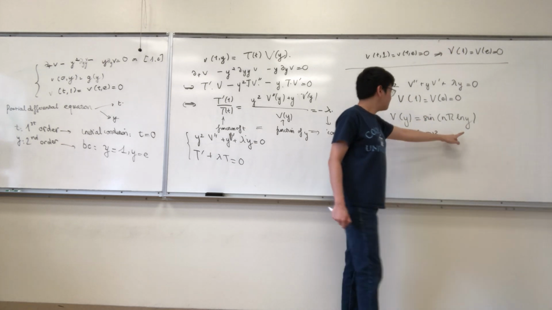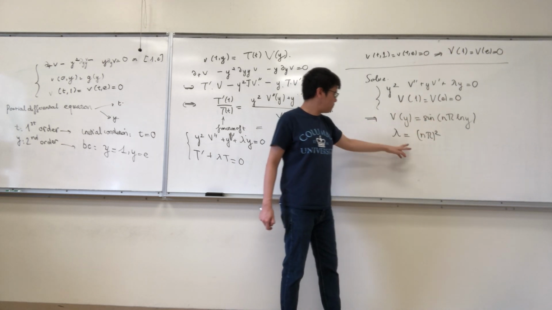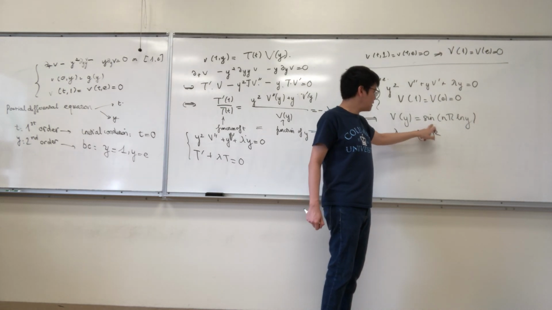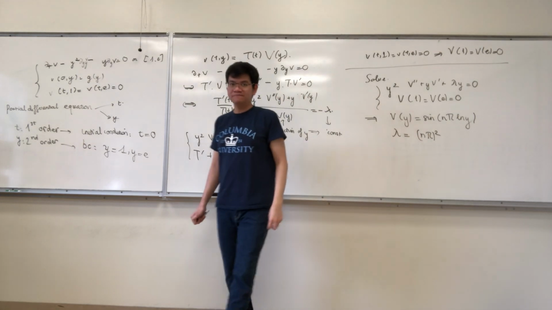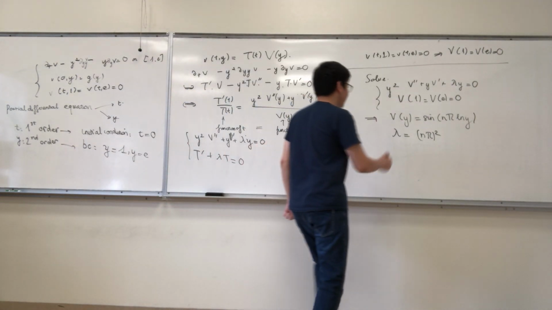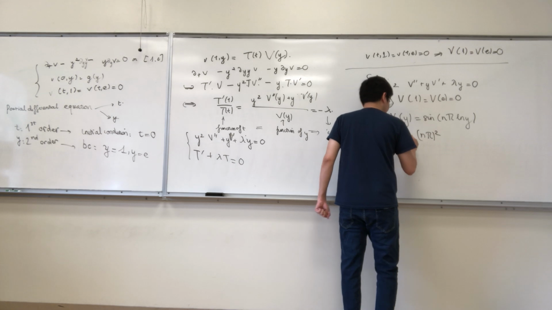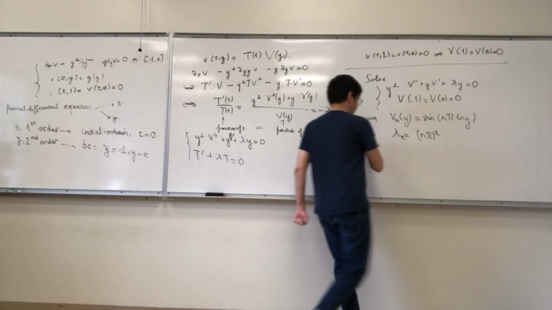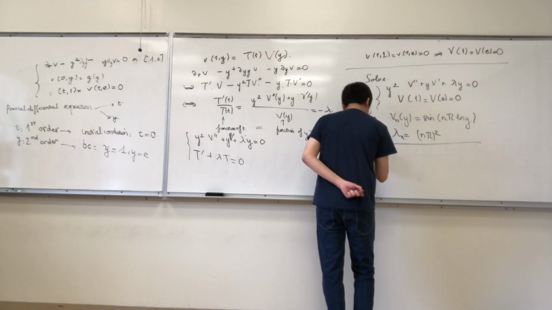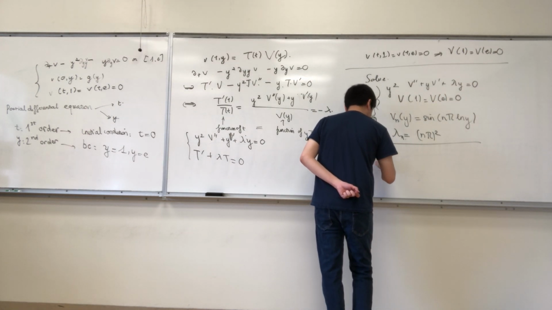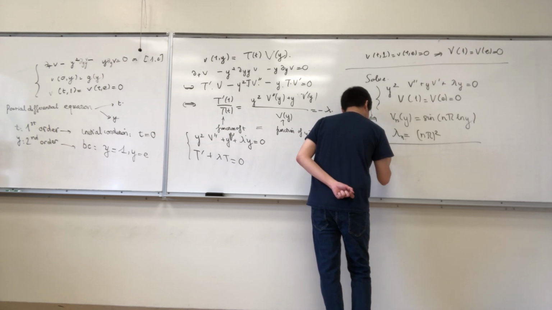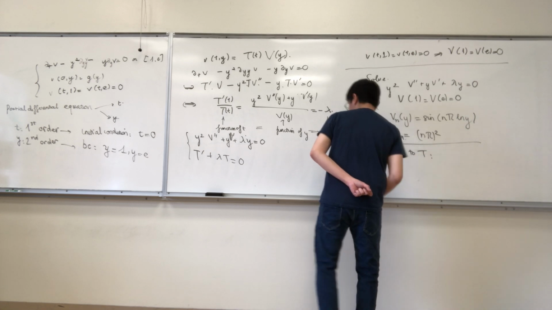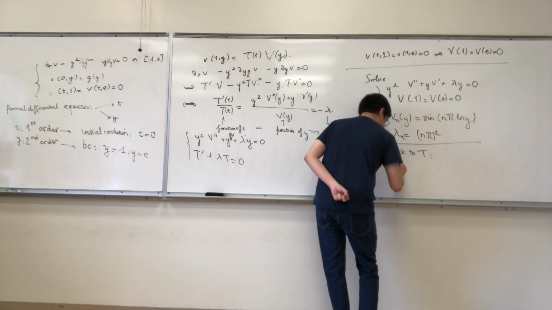So you already know that the eigenvalue will be n pi squared, and the eigenfunction will be sine of n pi log y, right? So here I'm going to write V n and lambda n, and I'm going to plug it back into the first equation, right? So coming back to t, I'm going to have t prime.